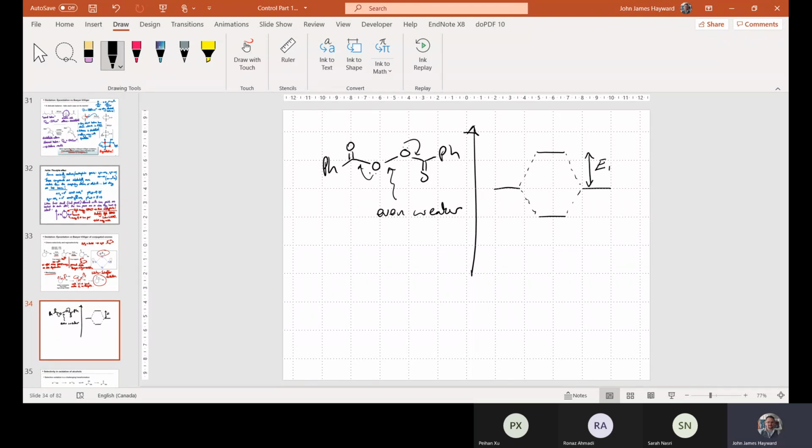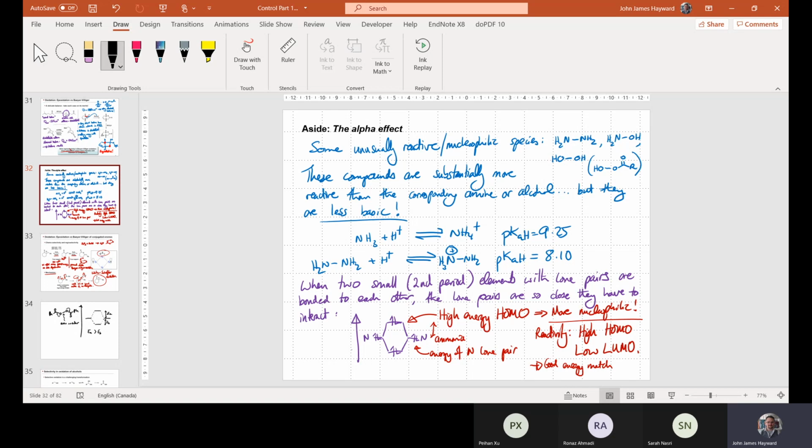So this is, I'm going to say EA, and this is EB, okay? Anti-bonding and bonding. And EA is greater than EB. Okay? So what that actually means is that typically when two molecules interact and they make a filled antibond, the bond breaks.